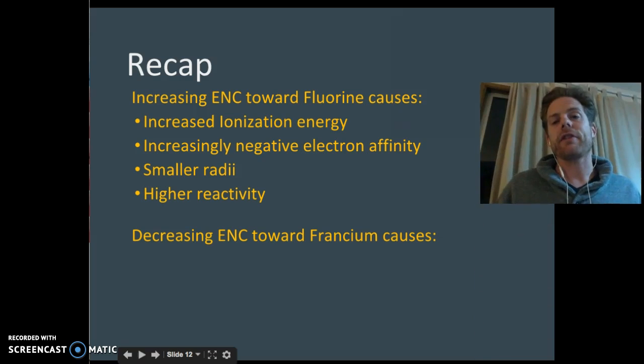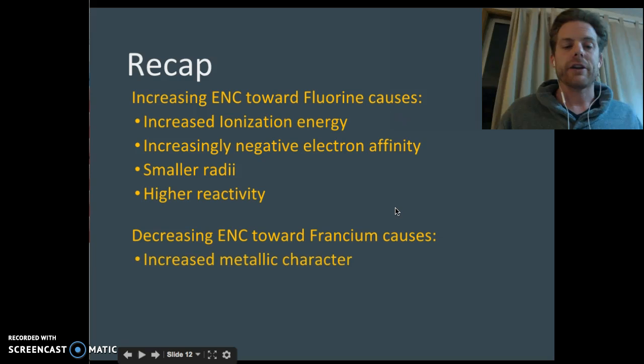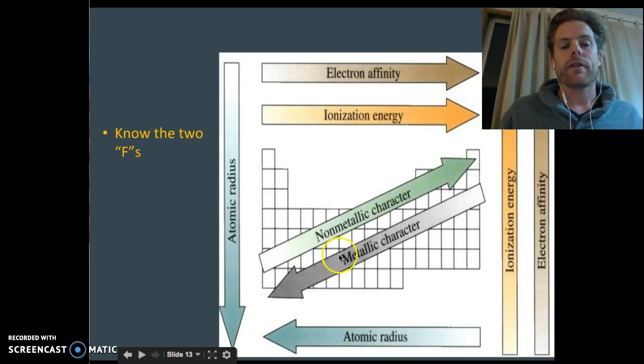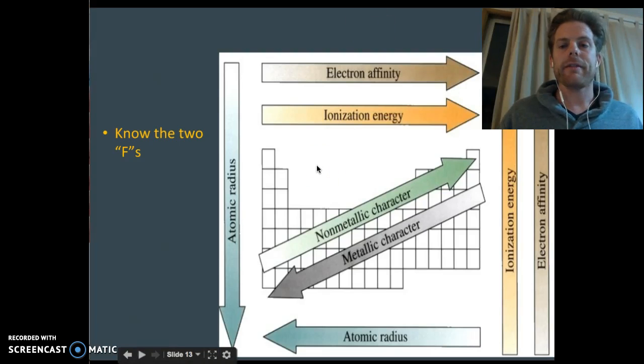Decreasing effective nuclear charge towards francium causes increased metallic character and increased atomic radii. This is what you should know right here. Atomic radius gets bigger over here. Ionization energy and electron affinity gets bigger that way.